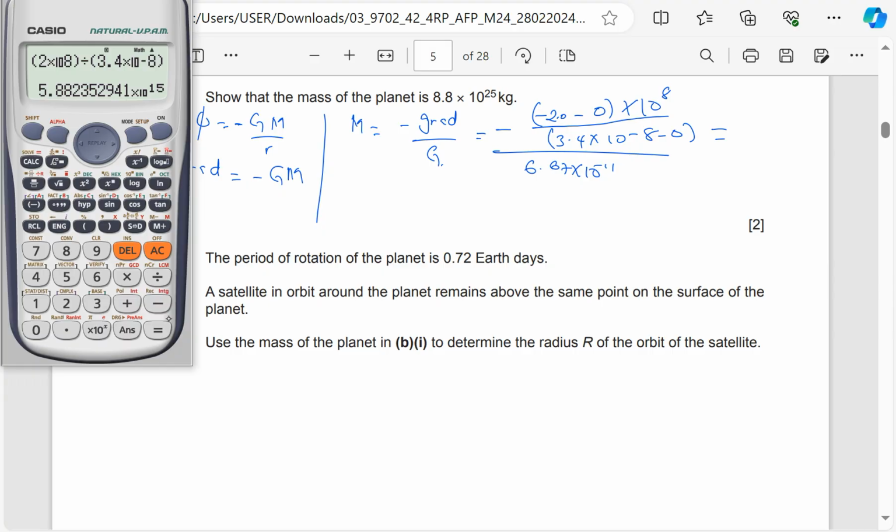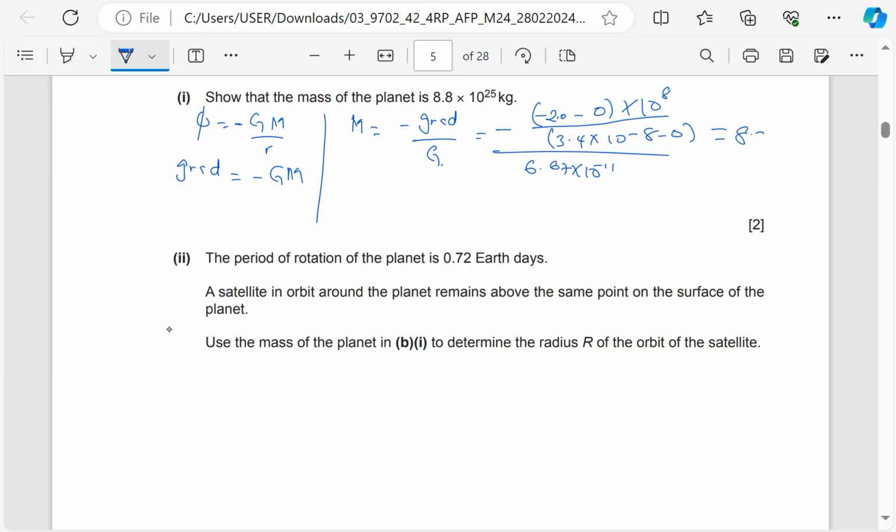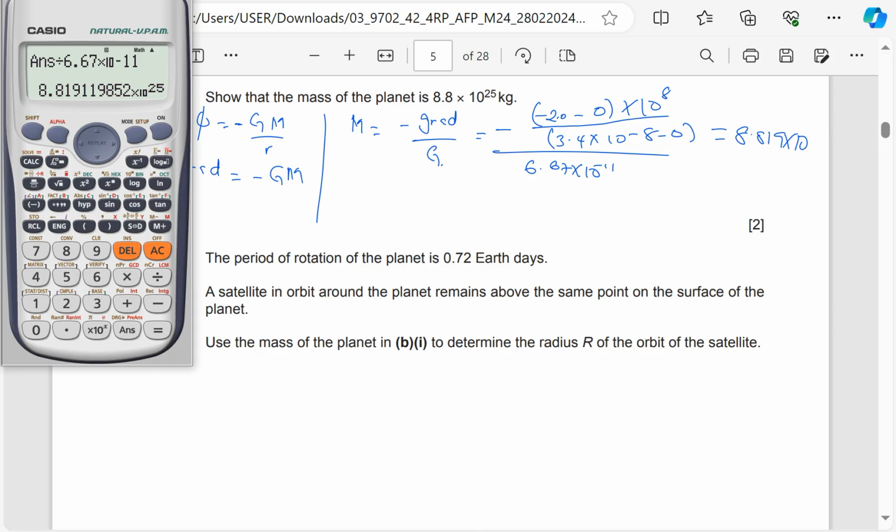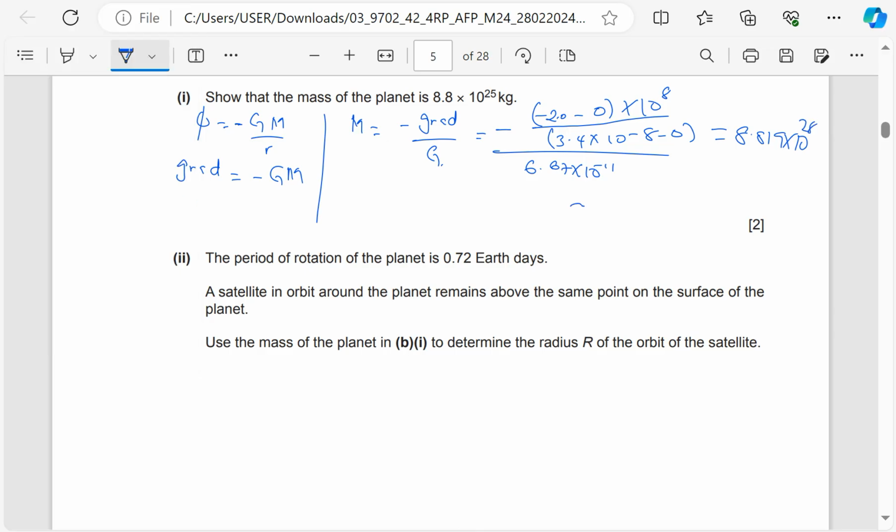The negative has cancelled out. Then I will divide this by 6.67 exponent minus 11. So this is giving me 8.819 times 10 to the power of 25, which is approximately 8.8 times 10 to the power of 25.